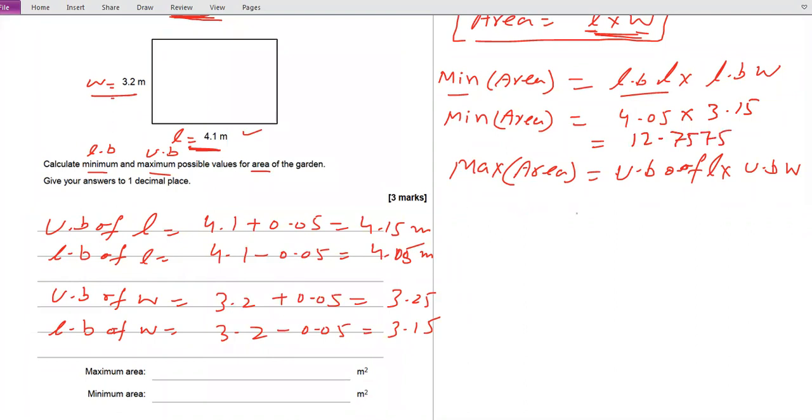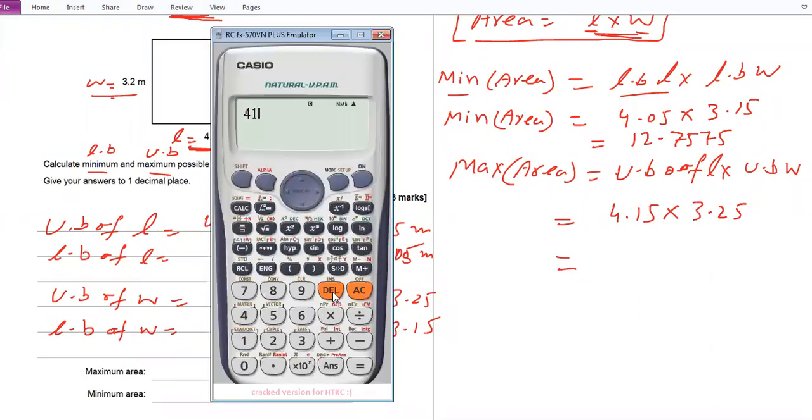And what is the maximum area? For the maximum area, you will use this formula now. What is the upper bound of L? The upper bound of L is 4.15. Multiply, what is the upper bound of W? 3.25. So multiply them. 4.15 multiply 3.25.